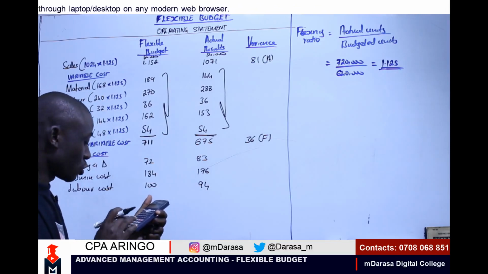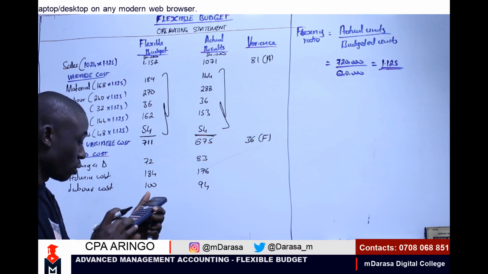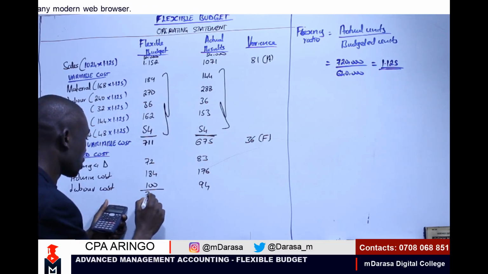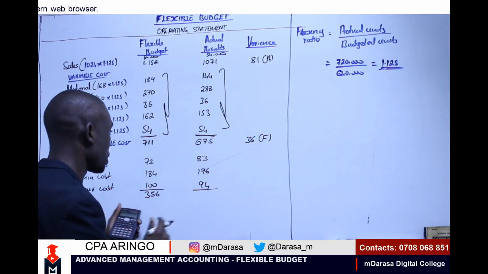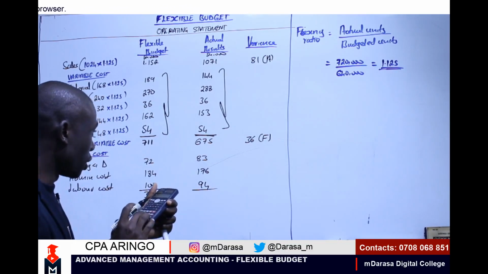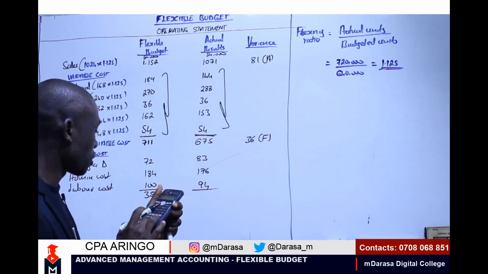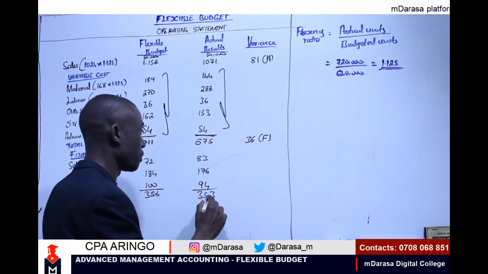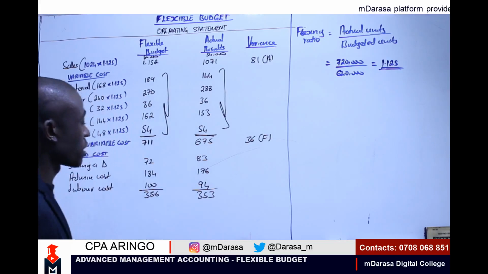72 plus 184 plus 100 gives us a figure of 356 total fixed costs. And on the other side, 83 plus 176 plus 94 gives us a figure of 353. So the same concept will apply.